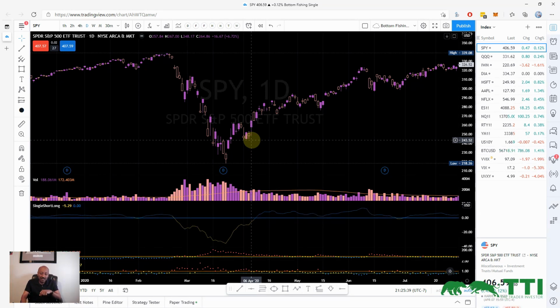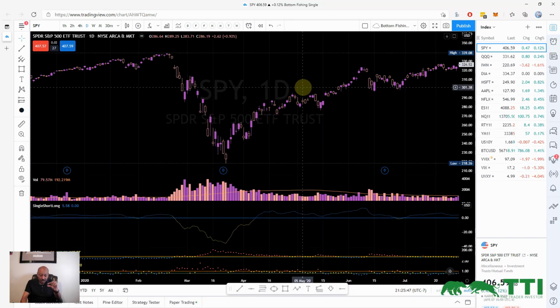I still enter, I still take advantage of these swings along the way. I still look at support and resistance, but order blocks are my strongest support and resistance. Whether it's a bullish order block or a bearish order block, they are my support and resistance. That's what I focus on.